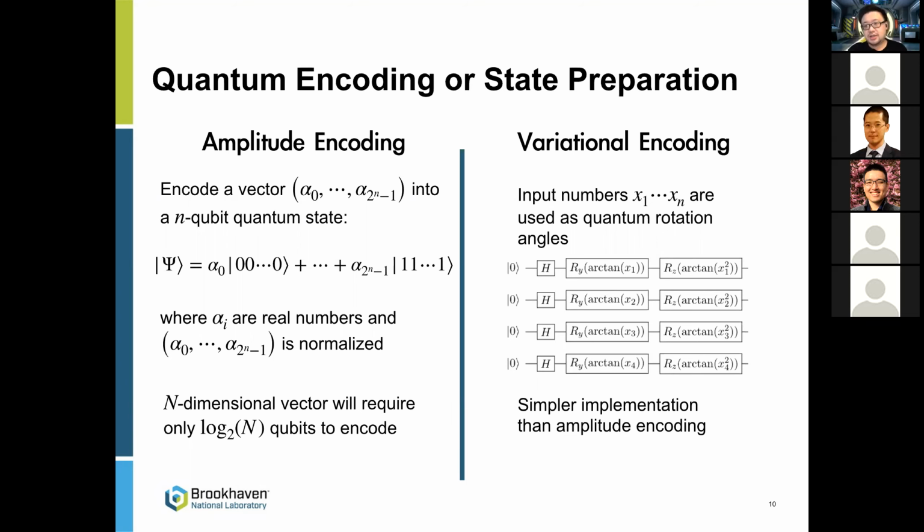So the initial state is |0000>. And then this quantum state will go through these rotation gates, and so it will be transformed into another state in the Hilbert space, and then the variational blocks will operate on this state to get the results that we want.